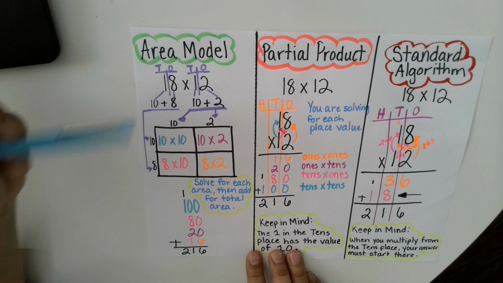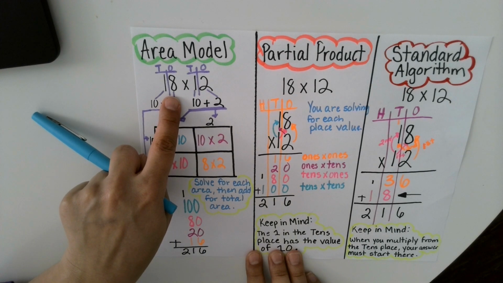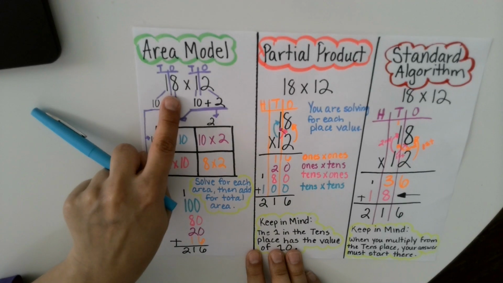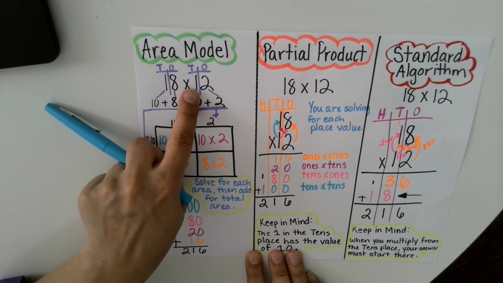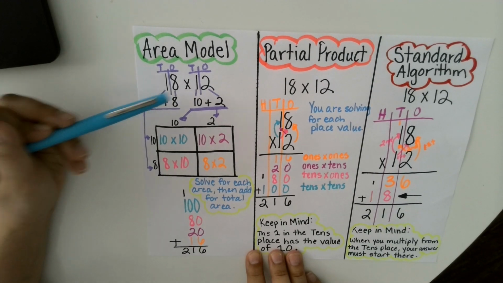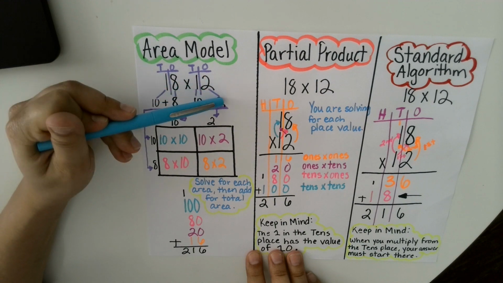The most important thing to do when you're solving with an area model is to separate your numbers into their place value. So on each number, we separate it into tens and ones. When we look at 18, we can pull out 10 and 8. When we look at 12, we can pull out 10 and 2.